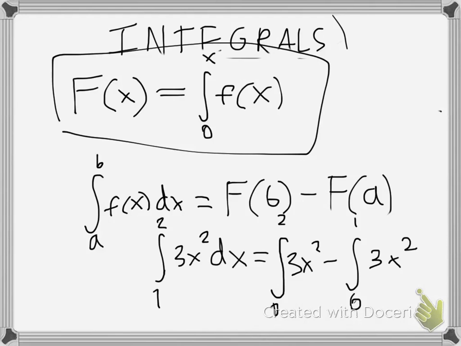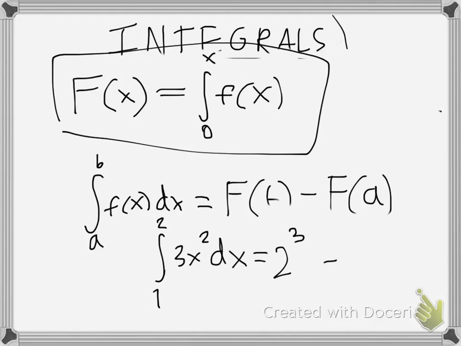So what's the integral of 3x squared? What function, when you take the derivative, gives you 3x squared? Well, that's going to be x cubed. So this is going to be 2 cubed, because 2 is the top of the integral, minus 1 cubed.